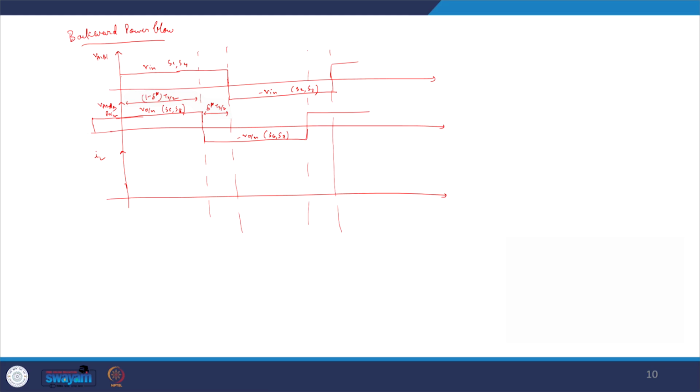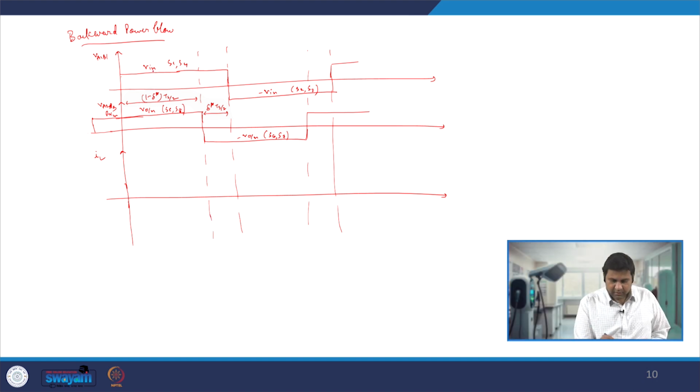So this is what we have given, and let us see how our waveform changes. Here we have considered V in greater than V naught by n. So here the slope is V in minus V naught by n, by L, a positive slope.